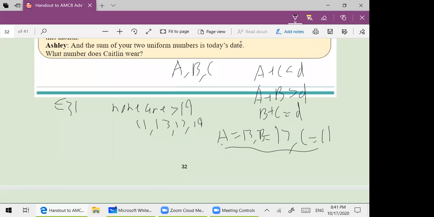So the uniform number of Caitlin is 11. And yes, the date in question is not supposed to really be mentioned.